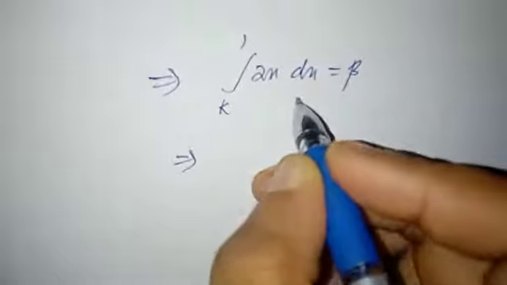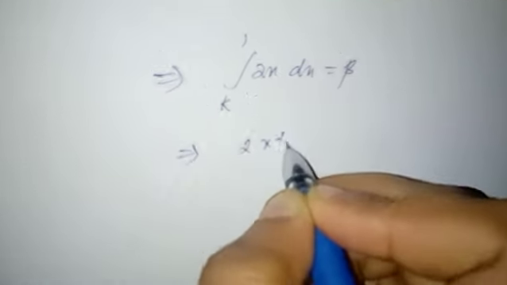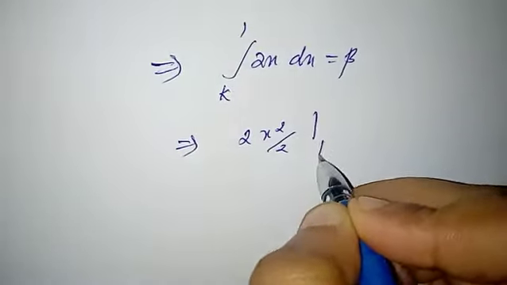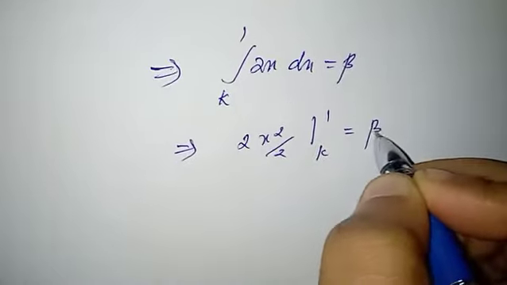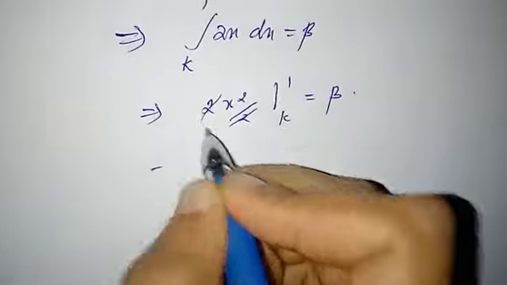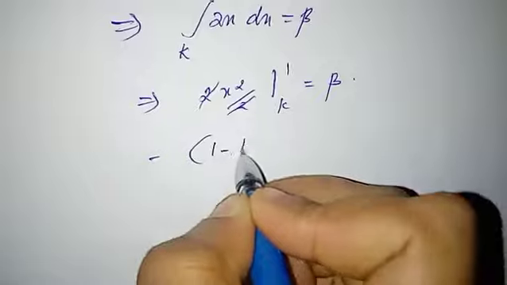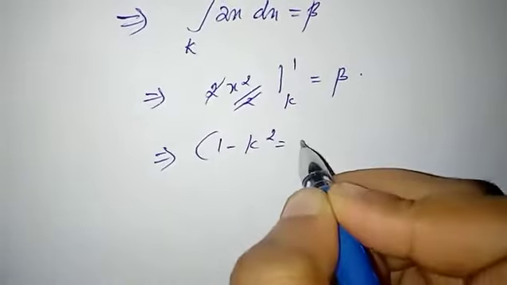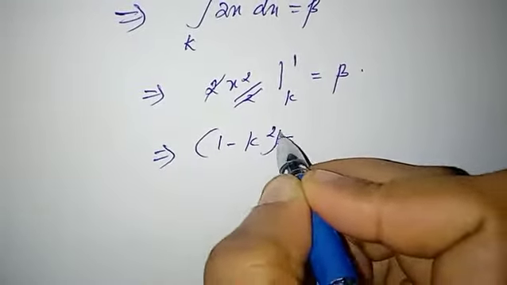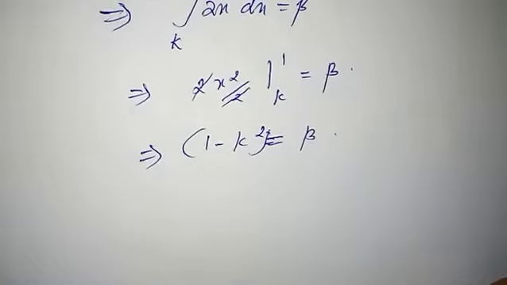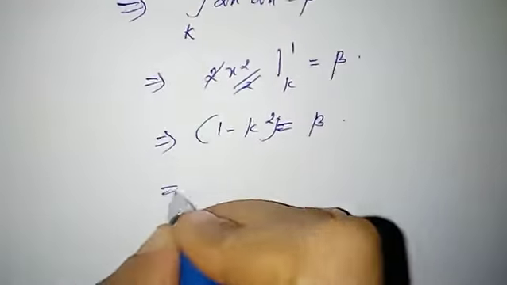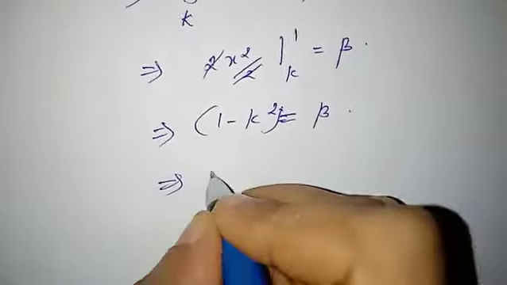Integrating that term, we get 2x squared divided by 2 between the lower and upper limits equals beta. Here the 2 cancels, so 1 minus k squared equals beta.